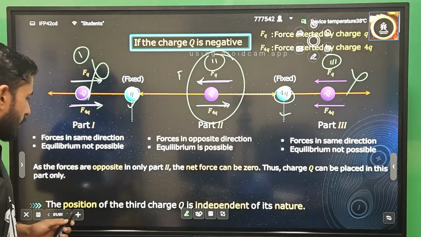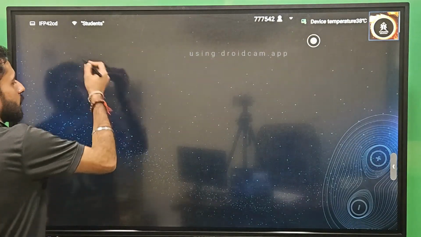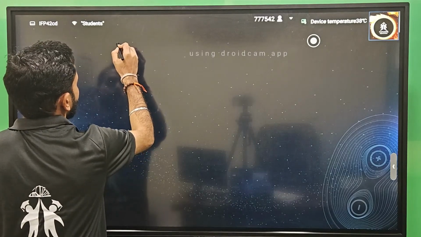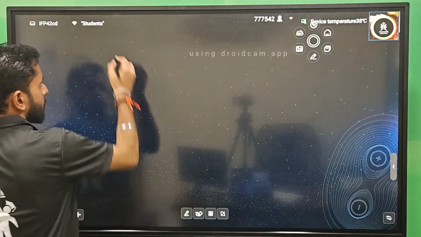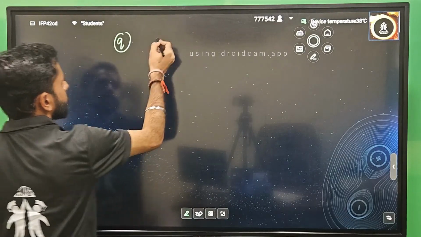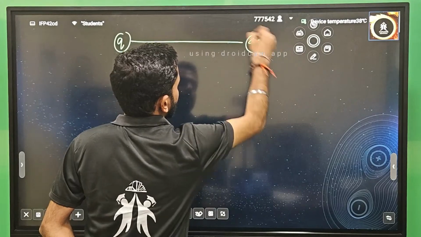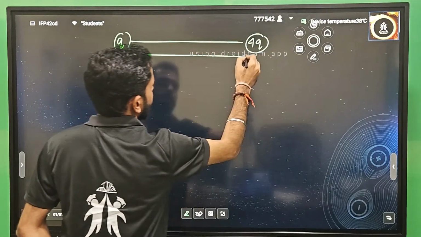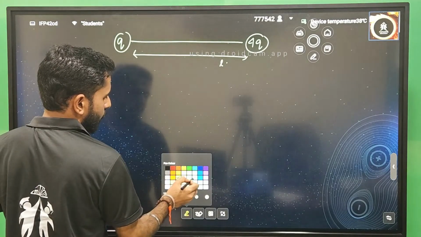Now let's see about the values. Now let's solve it. What were the conditions that we had? There was a charge q. There was a charge 4q. The distance between them was L, and what I have to do?